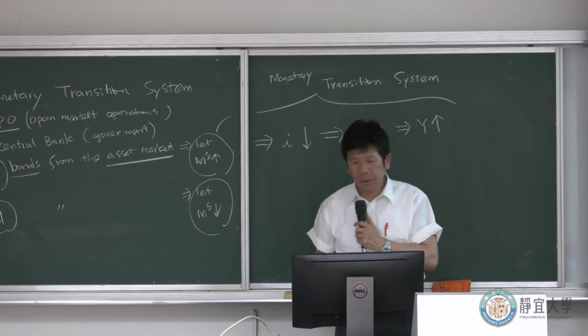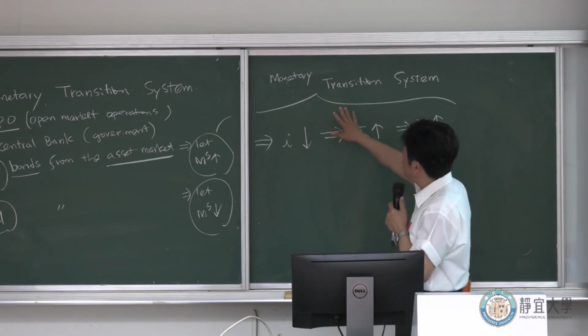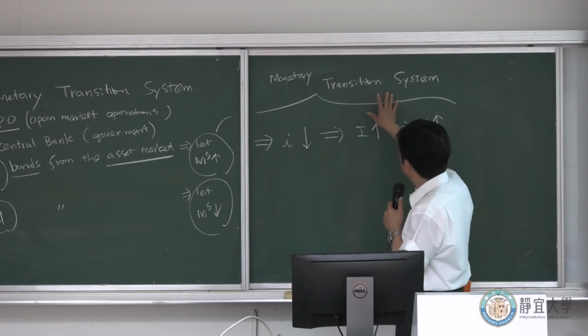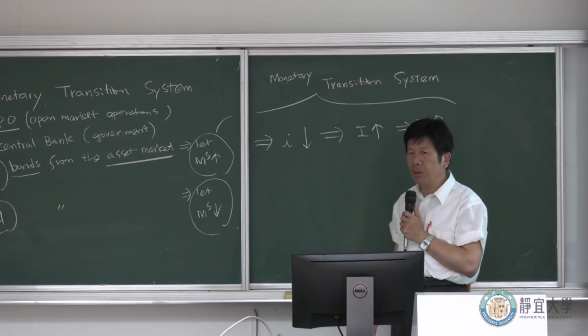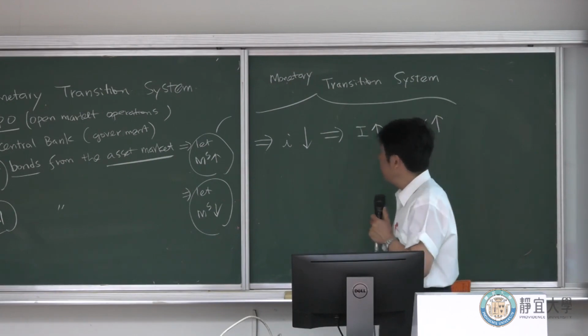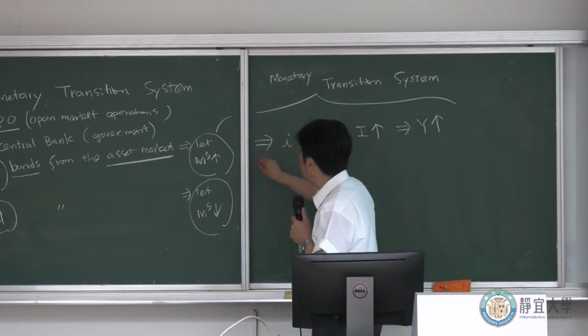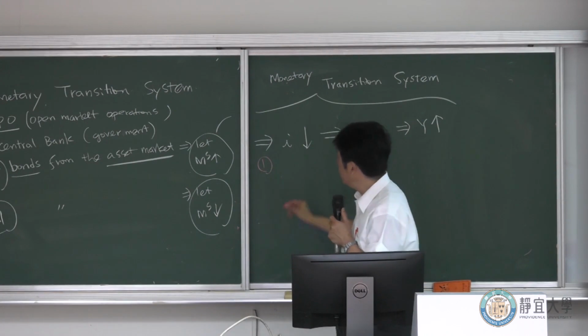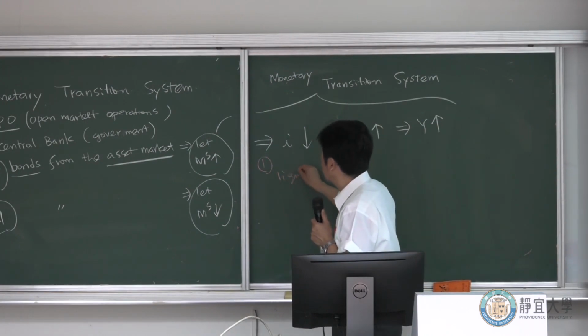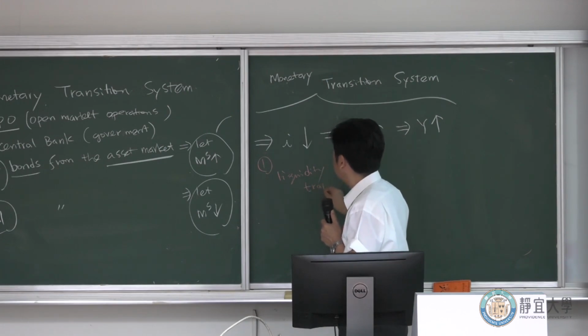But if this transmission mechanism has some trouble, for example, here, this is the first trouble, what we call the liquidity trap.